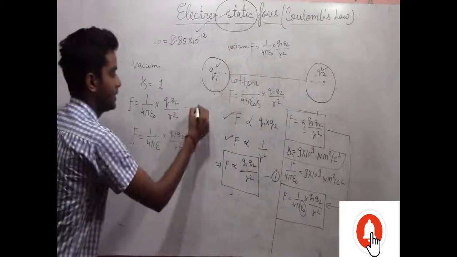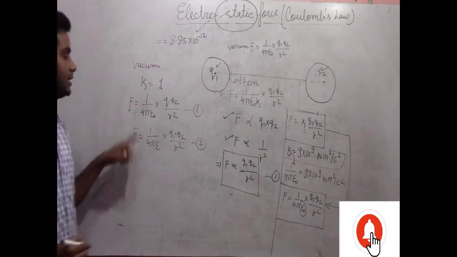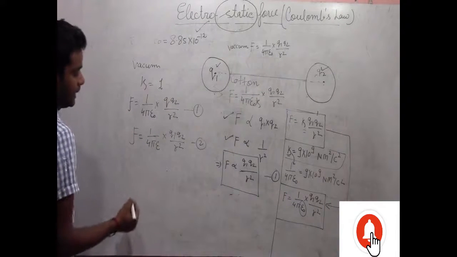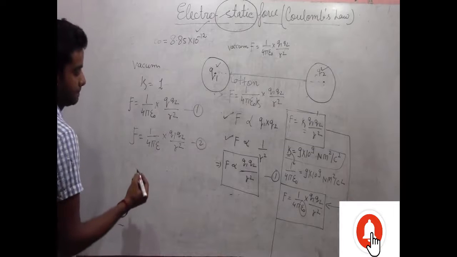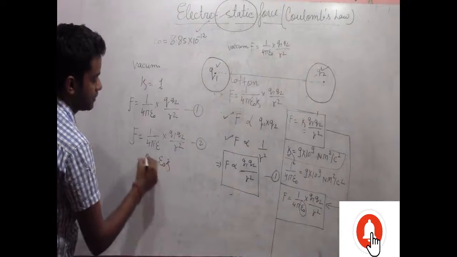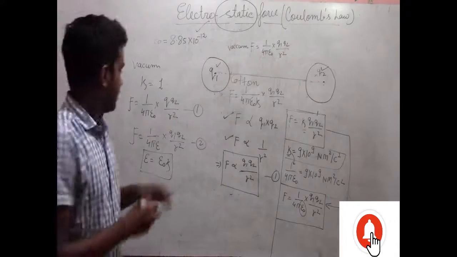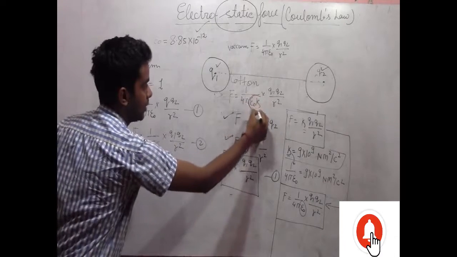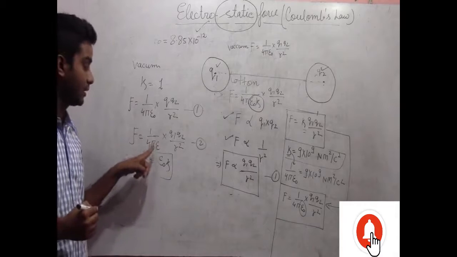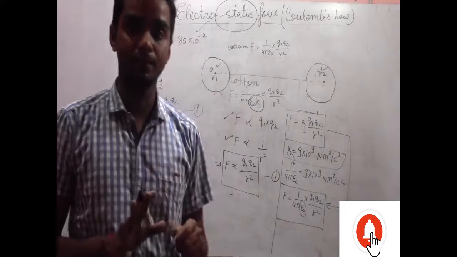If you correlate these two equations, you may write epsilon is equal to epsilon naught times K. Remember it. What is epsilon? Epsilon is the permeability of a given medium.